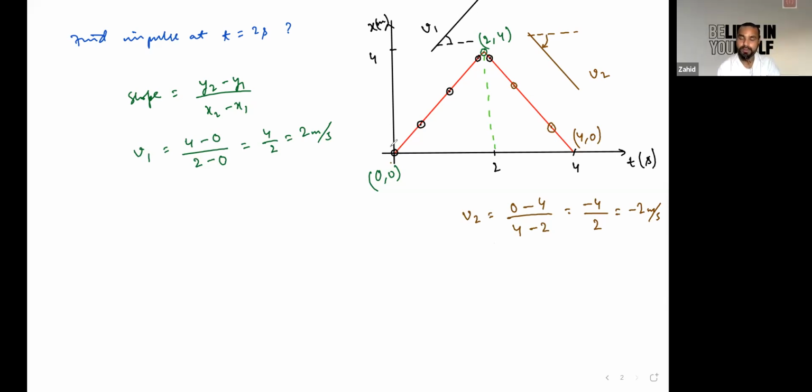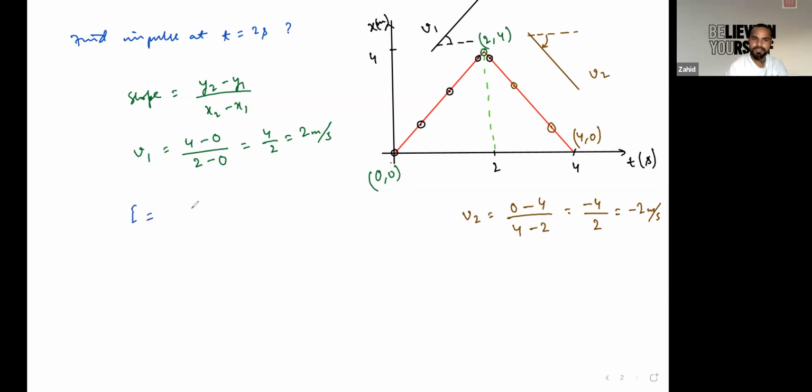So we have just calculated V1 and V2. In this part, we have to find the impulse, which is nothing but the change in linear momentum at this particular instant, which is 2 seconds. So move a little bit behind and a little bit ahead and find their inclination with respect to the x-axis. Since this graph is in relation of x and t, whose slope will define your velocity, that's why I've calculated V1 and V2 from this.